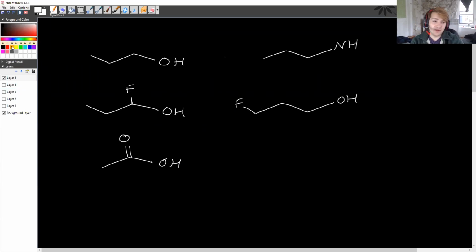And so this is where I say knowing those pKa tables is really helpful, because this functional group is an alcohol, and this alcohol's pKa is somewhere around 17. Whereas this is an amine, and this is somewhere around 35.